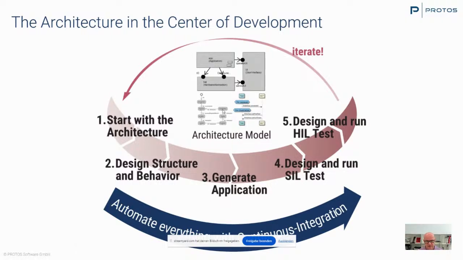That's what most embedded systems are. So you start with the architecture. Then step by step, you refine your model by designing more and more structure and behavior. You dig down into your model. And when you're done with the first iteration, you generate the application with a code generator, for example C code. And then you need to test.